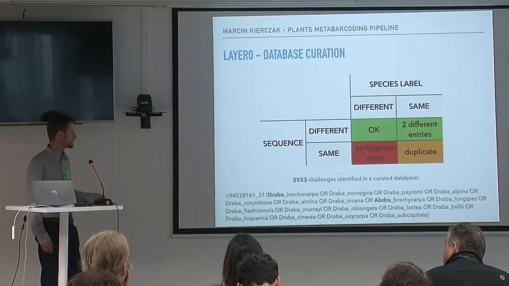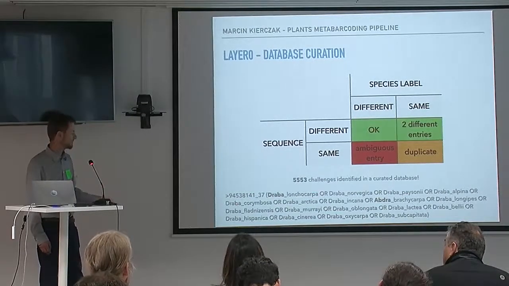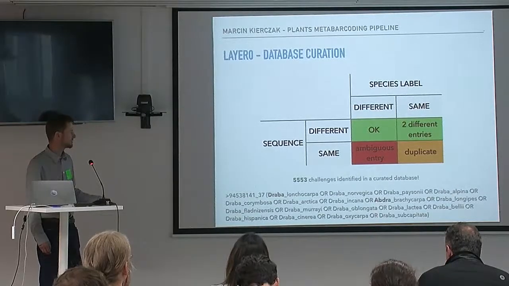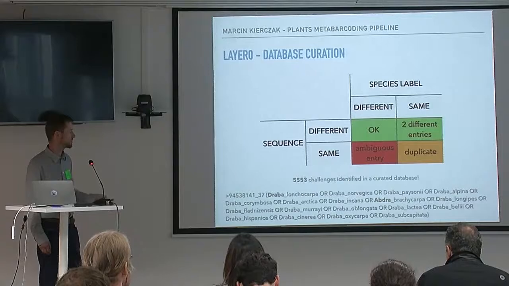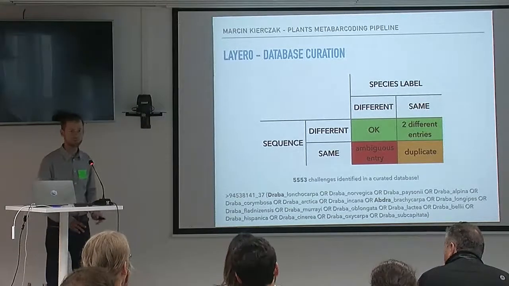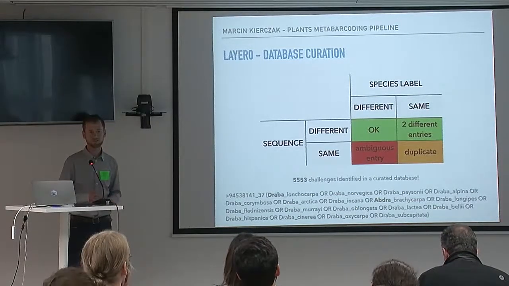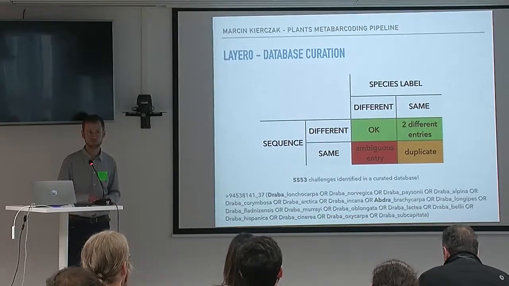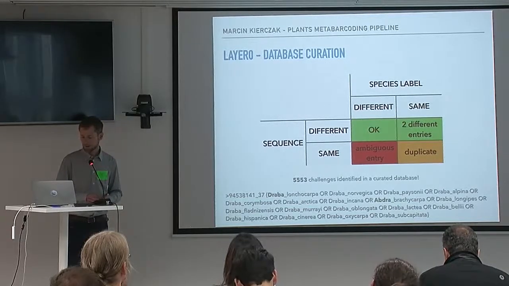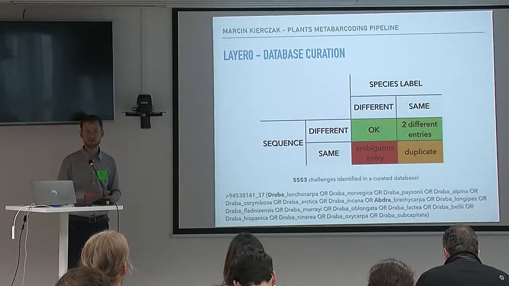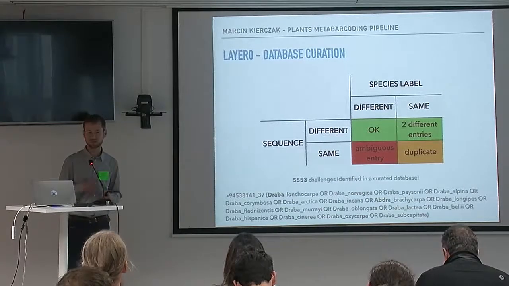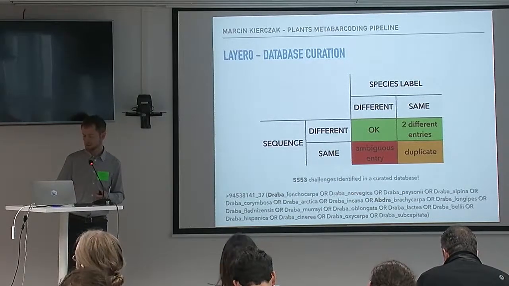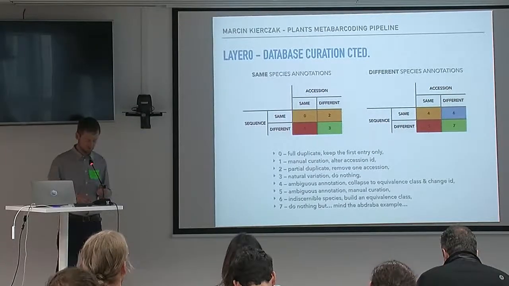Sometimes you have situations where you have a lot of species from the Draba genus, but then you also see some typos. So Draba became Abdra, somebody misspelled it, and that's quite often the source of problems with those reference databases. And there are surprisingly many sequences that have the same sequence IDs, and so on and so forth.